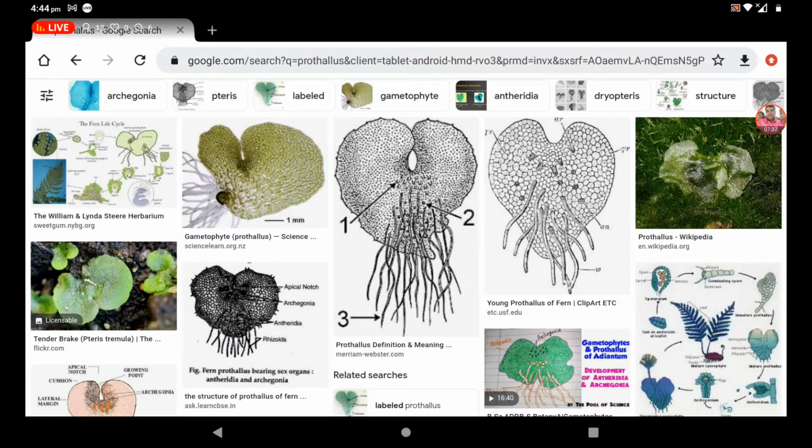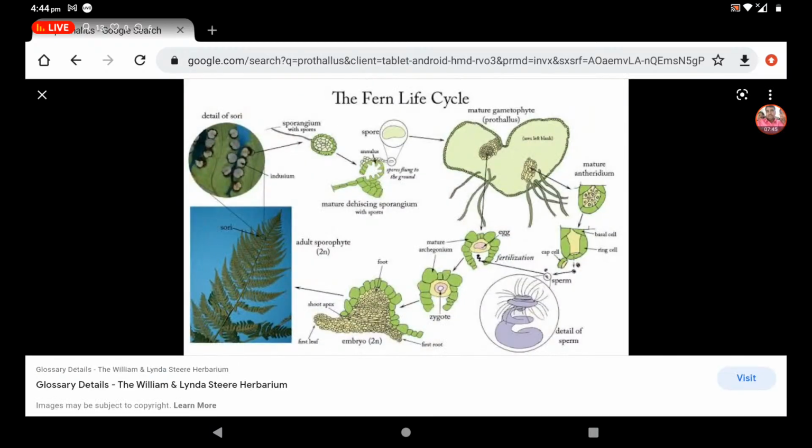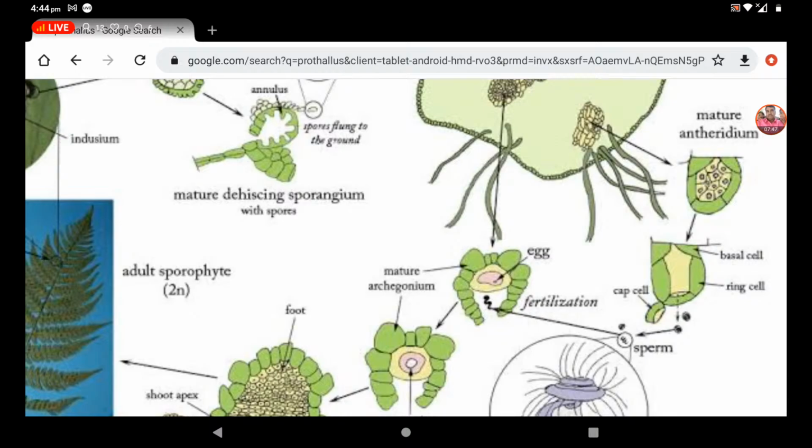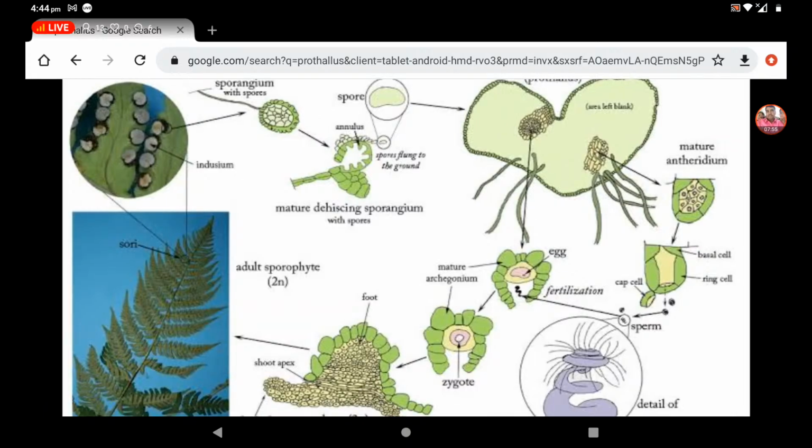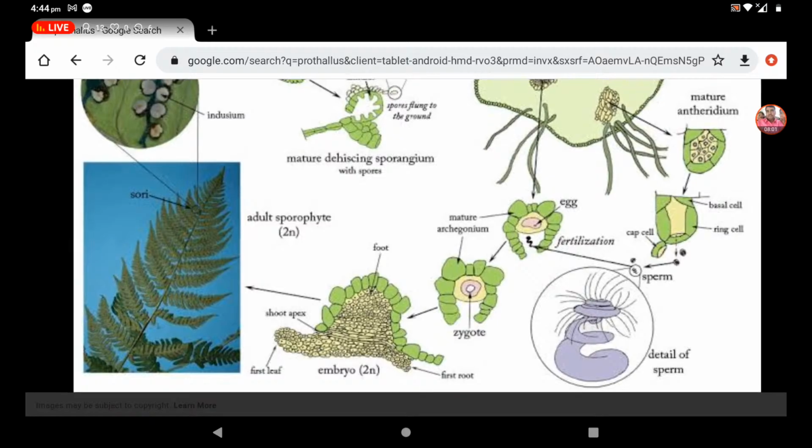We are now taking the thallus body. Already we said an undifferentiated plant body is called Thallophyta. Observe here, which is in the haploid condition is called Gametophyte, and which is in the diploid condition is called Sporophyte.